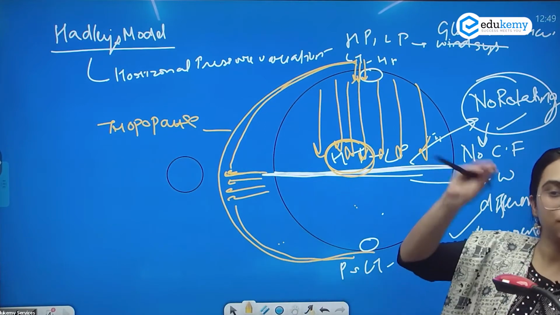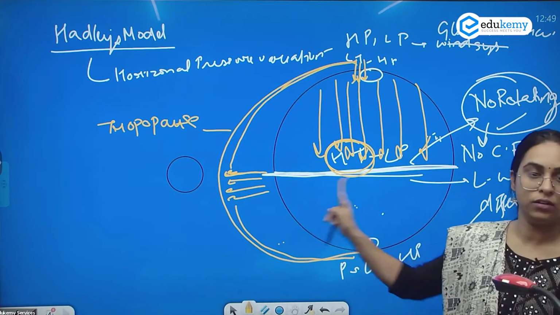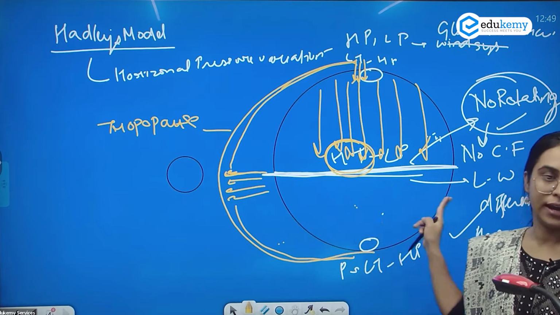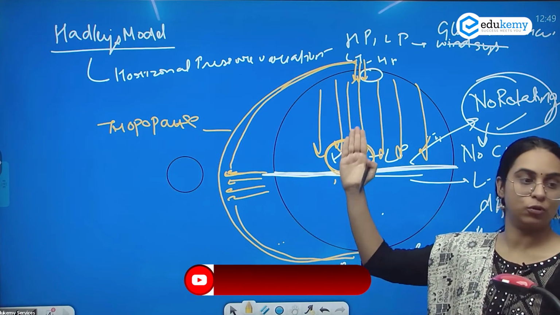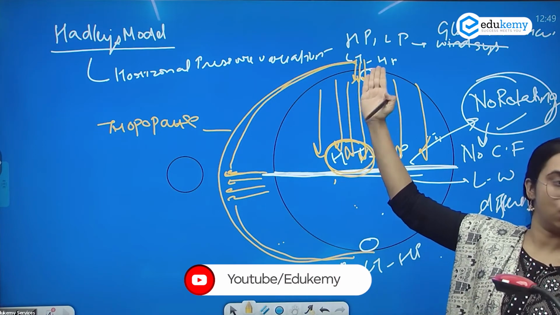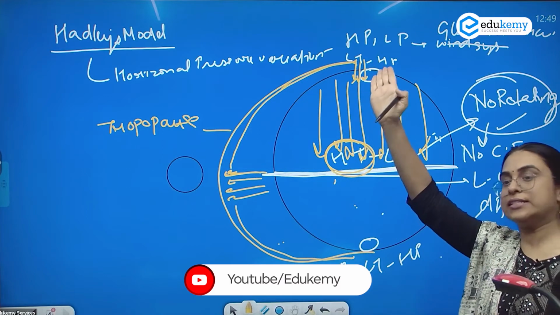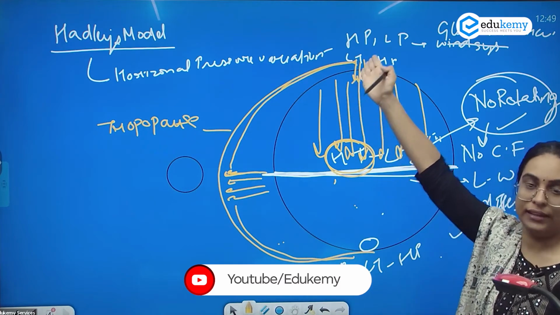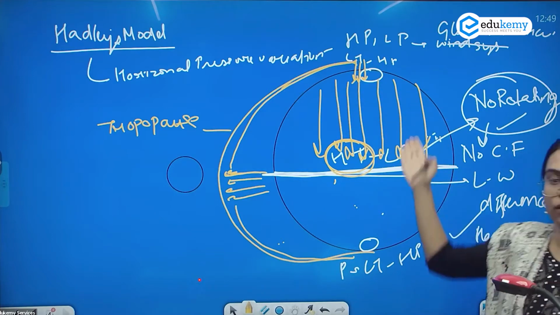But he's simplifying. He says that at the equator you have high temperature, the air rises and reaches up to the tropopause, then moves towards the pole along the tropopause. It sinks at the poles, and then from the poles it reaches up to the equator.